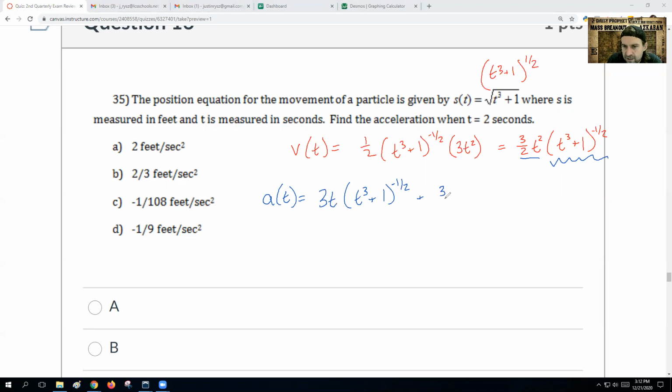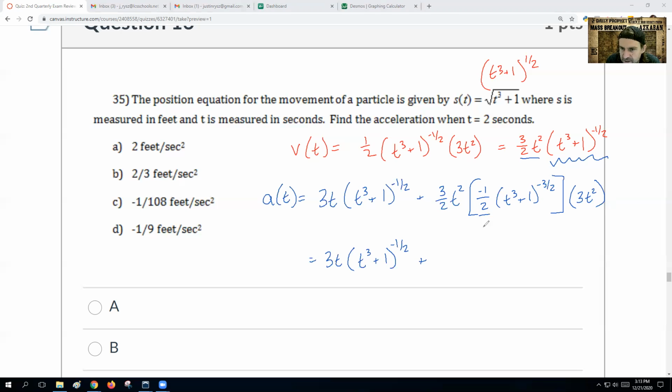And now we'll leave the 3/2 t squared alone, times the derivative of the inside, which is our chain rule. Negative 1/2 of t cubed plus 1 to the negative 3/2 power, times the derivative of the inside, which would be 3t squared.